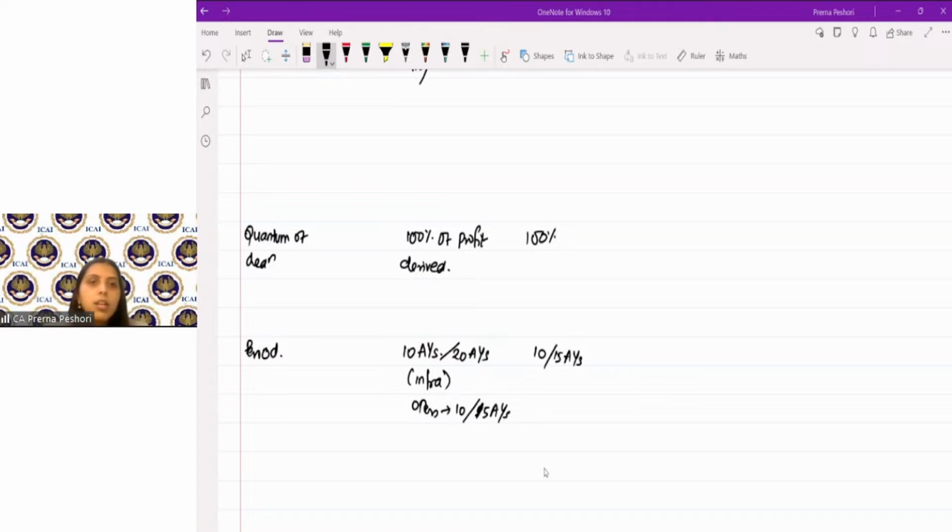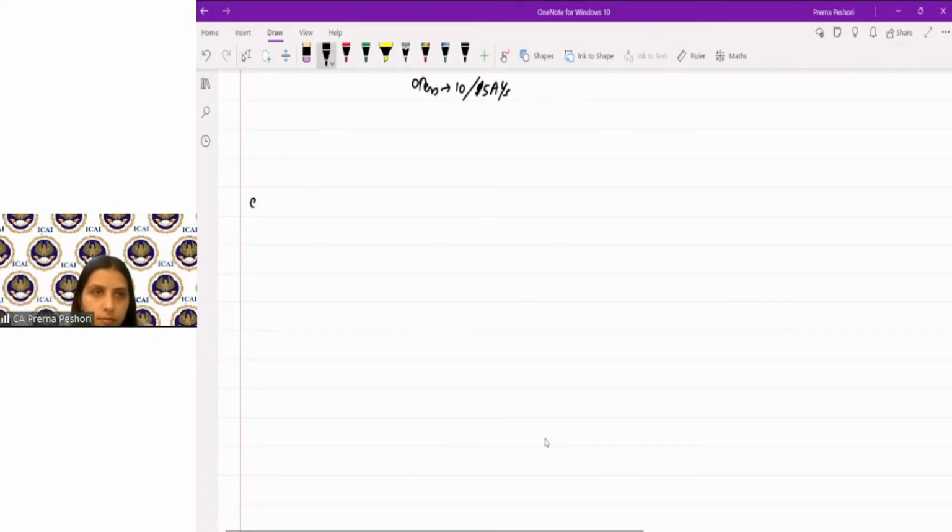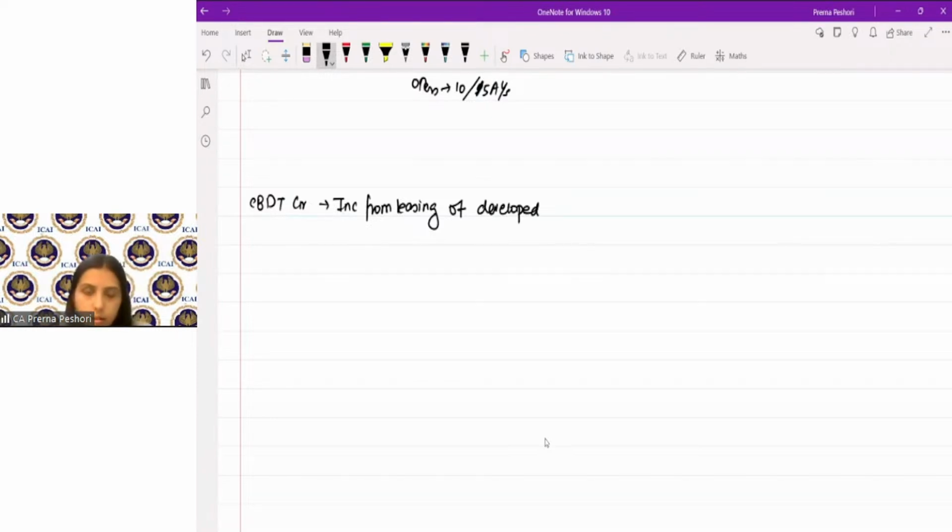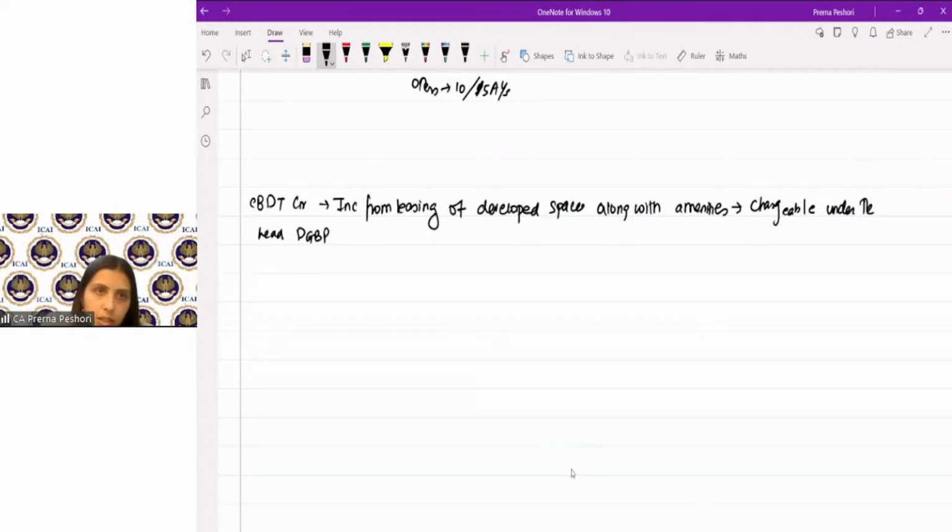You can write it down here. So you can write down the circular, CBDT circular, income from leasing of developed space along with amenities chargeable under the head PGBP and not IFHP.